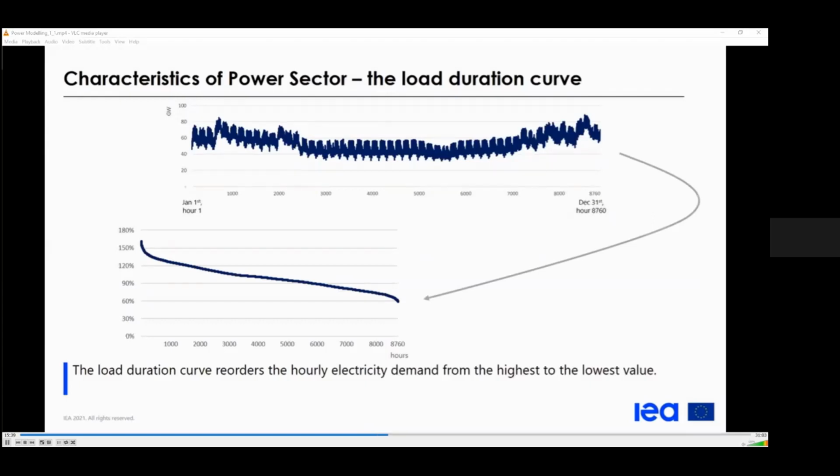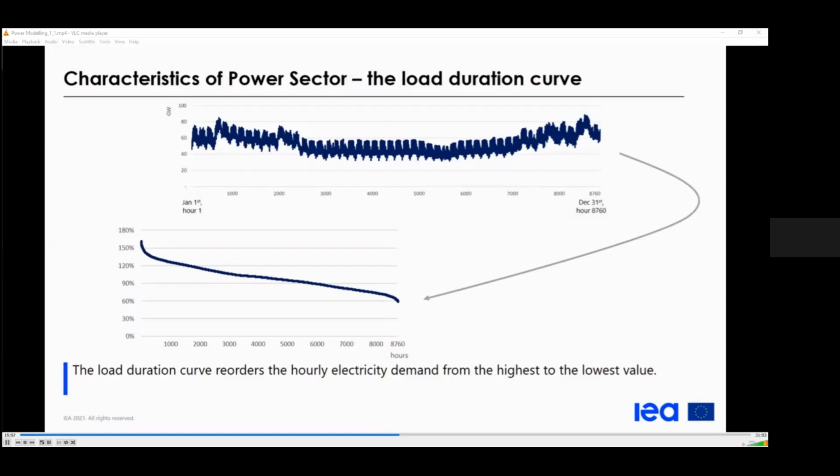It can be expressed in absolute value, or as you can see here, relative to the average electricity demand in percentage terms. So for example, here we see that the peak is about 170% above average demand over the year.